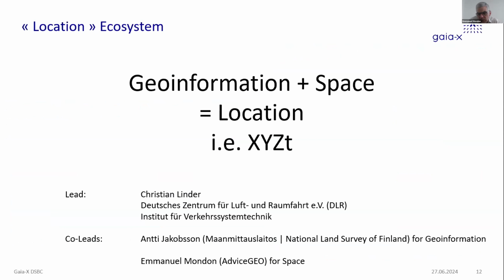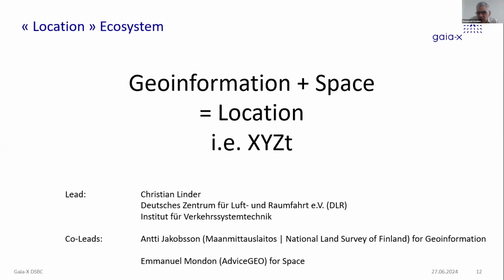Two years ago, within the Gaia-X ecosystems, we had two working groups. One dedicated to geoinformation and one dedicated to space. The geoinformation one was initiated by Germany, and then it went to the European level, while the space one was right from the beginning set up in November 2020, just before the first Gaia-X summit at the European level.